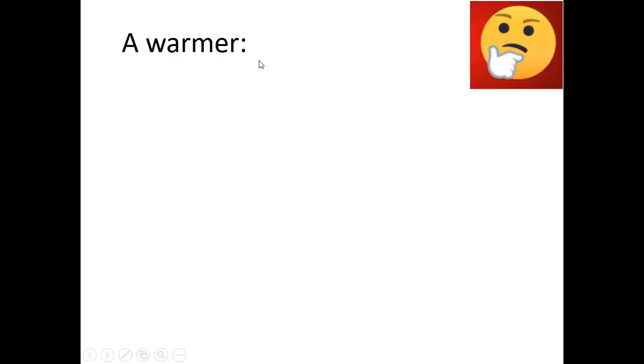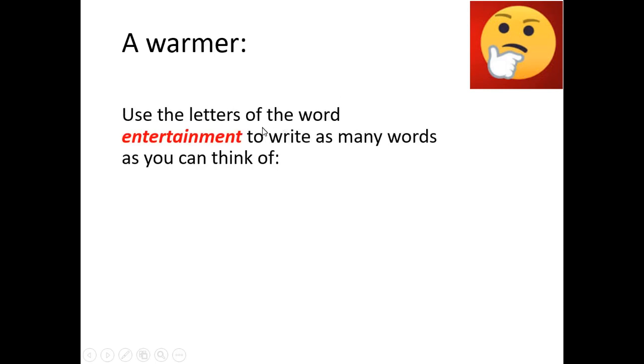We are going to start with a warmer. A warmer, it's an activity that you can maybe in the form of a game or an activity that starts or gets you thinking about the topic. So I would like you to use the letters of the word entertainment to write as many words as you can think of.